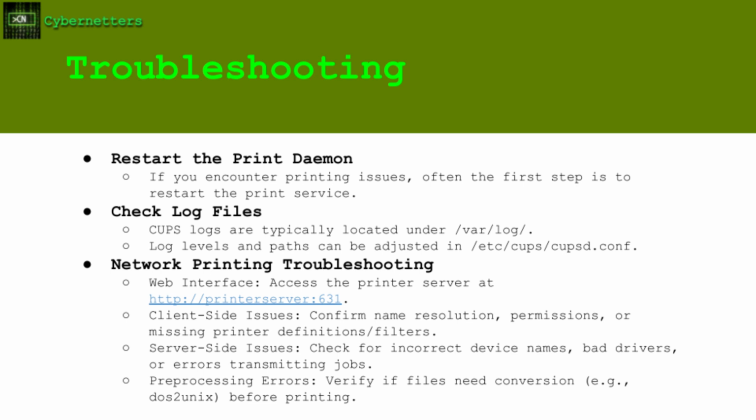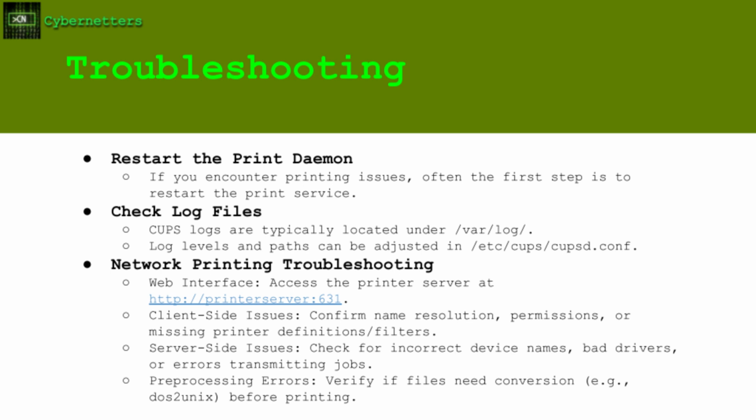You can also check the client side, which includes checking the network settings, the printer permissions, or missing definitions. You can also look into server-side issues such as incorrect device names, driver issues, or job transmission failures.